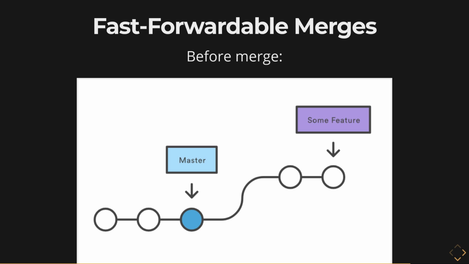So when you're saying that, I have done some work, which is on the feature branch right now, and I want my master branch to contain that work, that's basically what you're saying when you're doing git merge. Well, the simplest way of doing that is basically saying, this history is nice and linear.